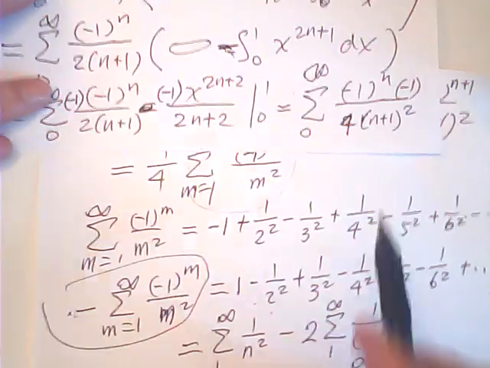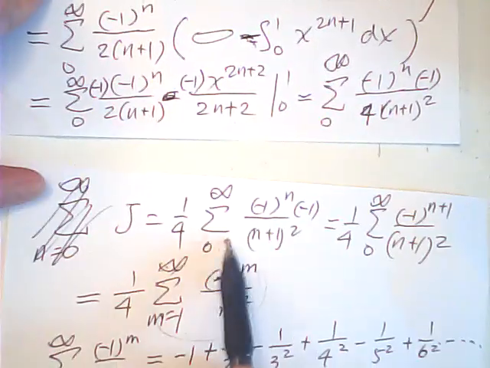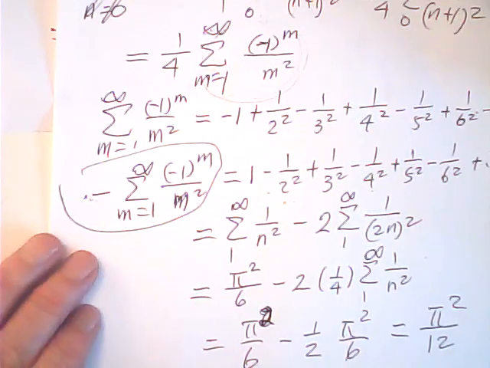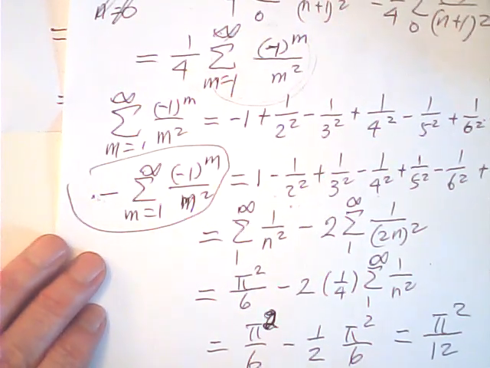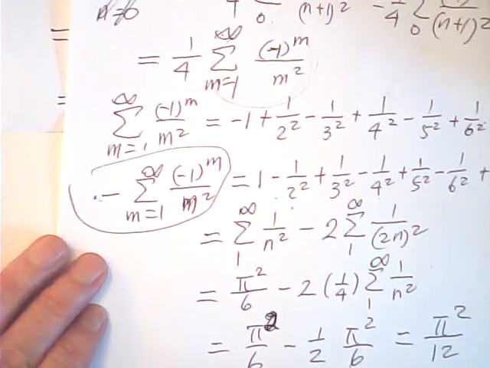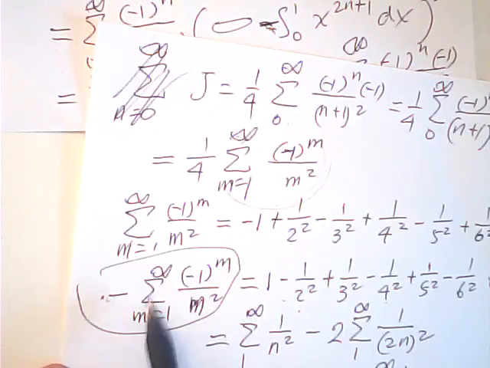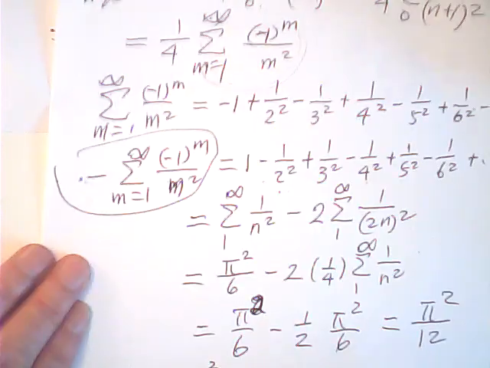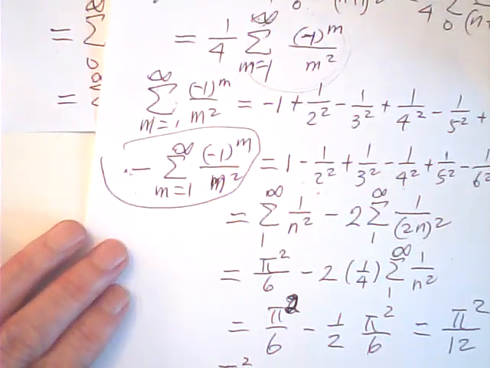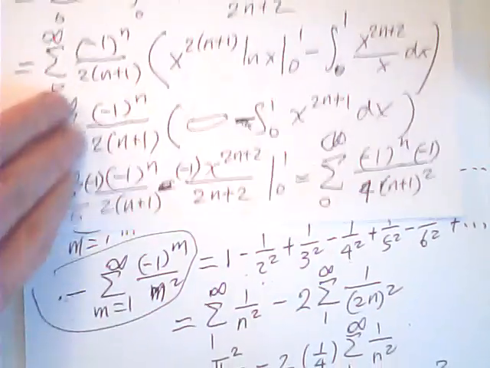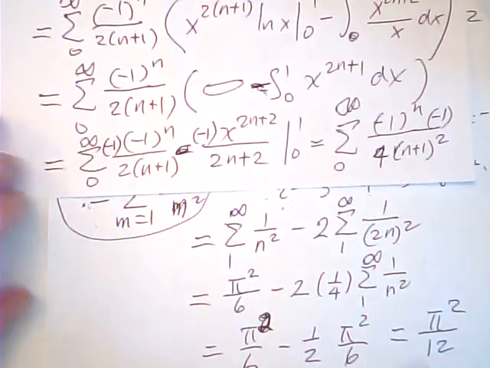We are looking for this for j. J is equal to negative that. So j is equal to negative pi square over 12. So let's see what is our target integral.